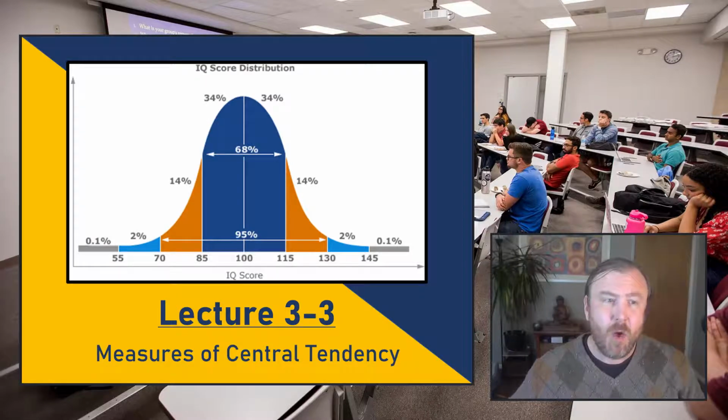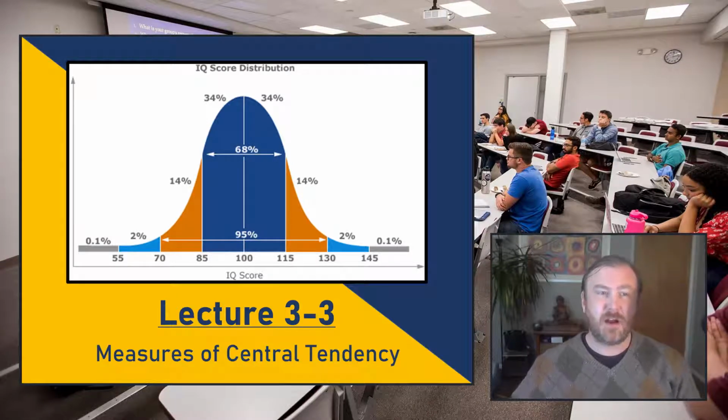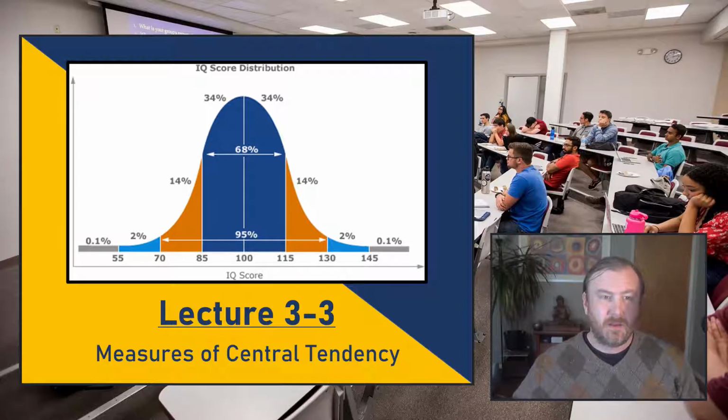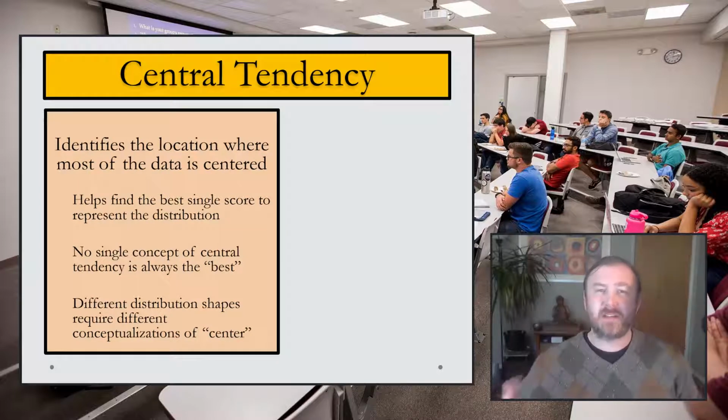But for now, why don't we jump into the content and describe measures of central tendency? Okay, so what is central tendency? Well, it's kind of what it sounds like. It's a measure that identifies the location where the center point is on a distribution of data.